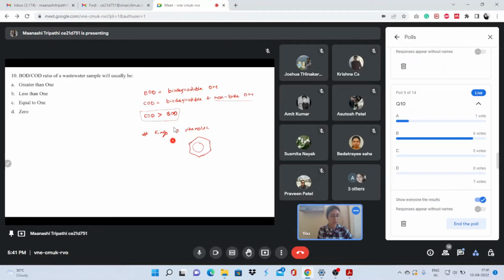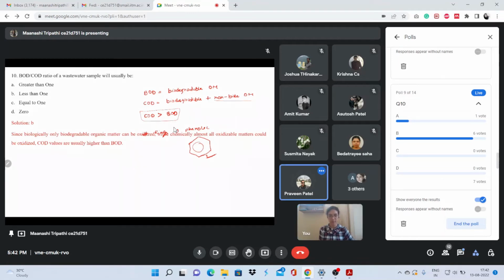We need a special method to digest these compounds. These are also degradable organic compounds, but we won't get anything if we do COD analysis. So this is some extra information. It will be good if you remember. So the solution is B.